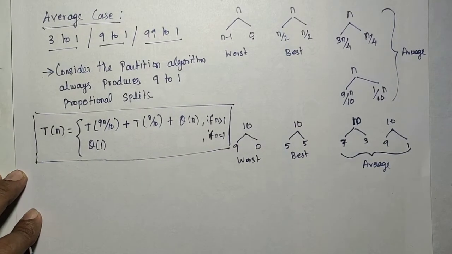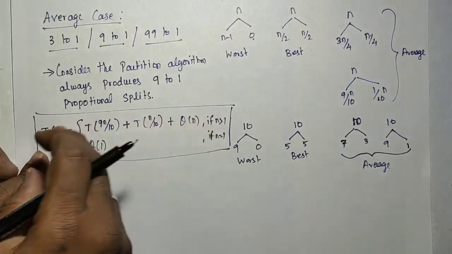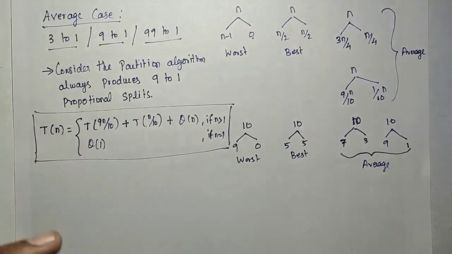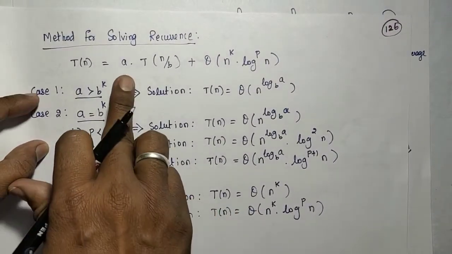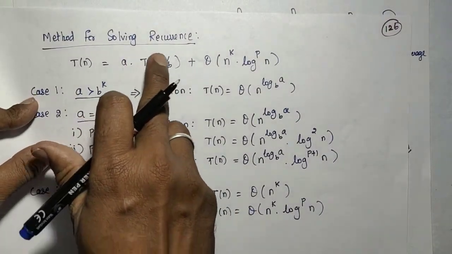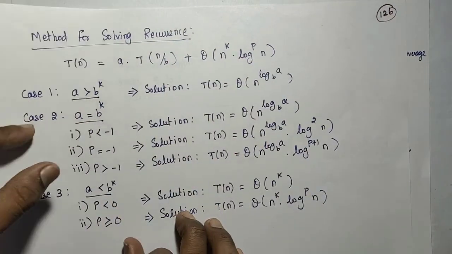Now if you start solving this recurrence, actually this recurrence cannot be solved using this method, because this method's format is a into T of n by b plus theta. If it is in this format, we can solve it easily using this method.